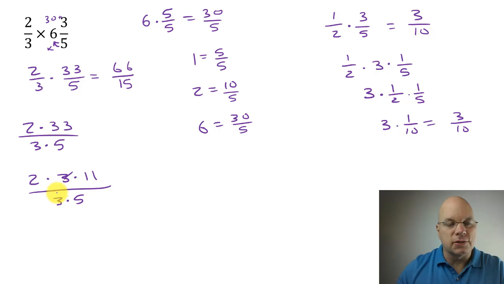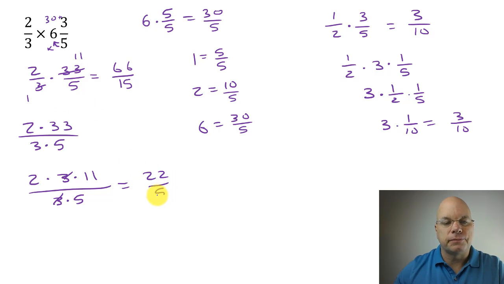And so the 3's cancel because 3/3 is 1 whole. 33 divided by 3 is 11. 3 divided by 3 is 1. And so 2 times 11 is 22. 1 multiplied by 5 is 5. If we simplify by dividing 66 and 15 by the common factor of 3, we'll end up at 22/5.